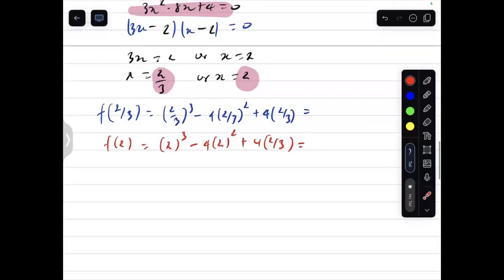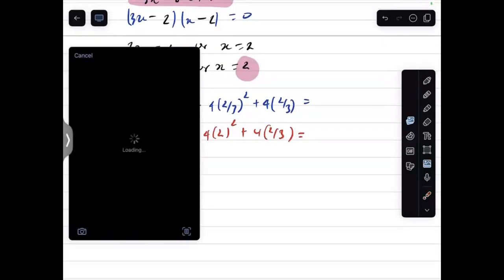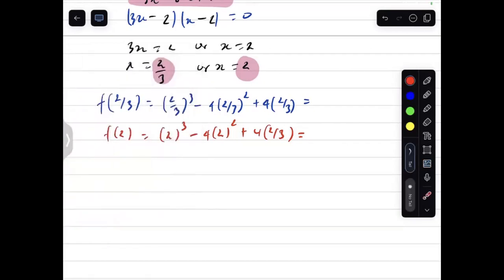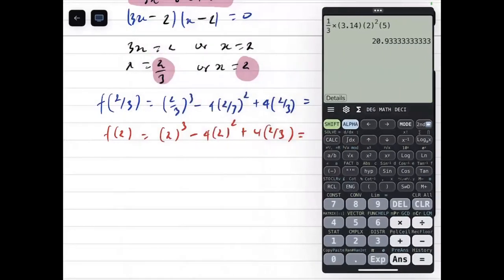Just to be fair and square, I'm trying to pull out my calculator.